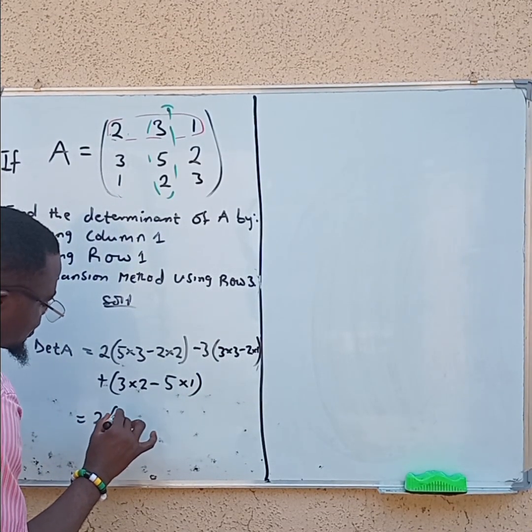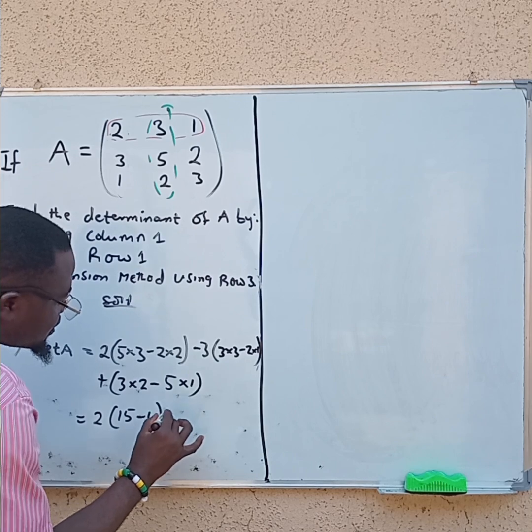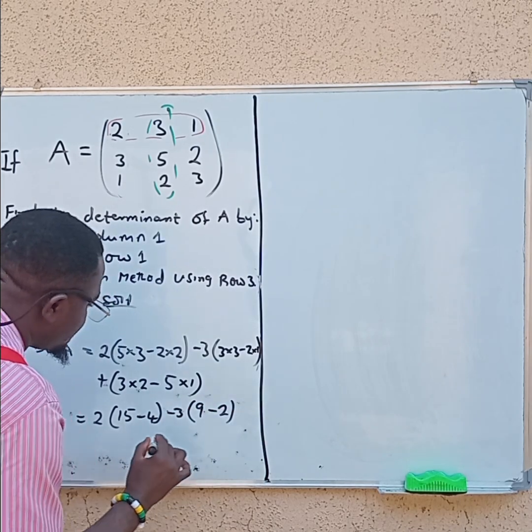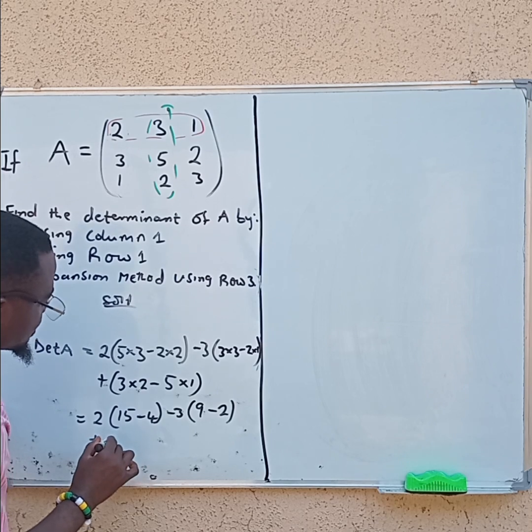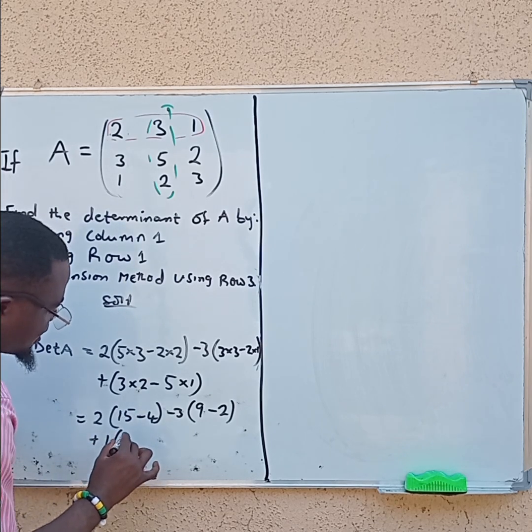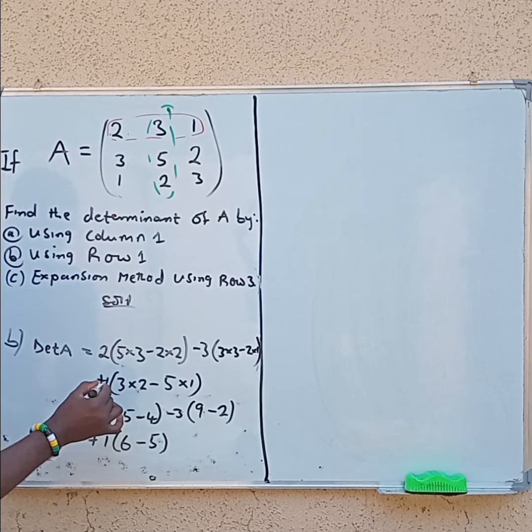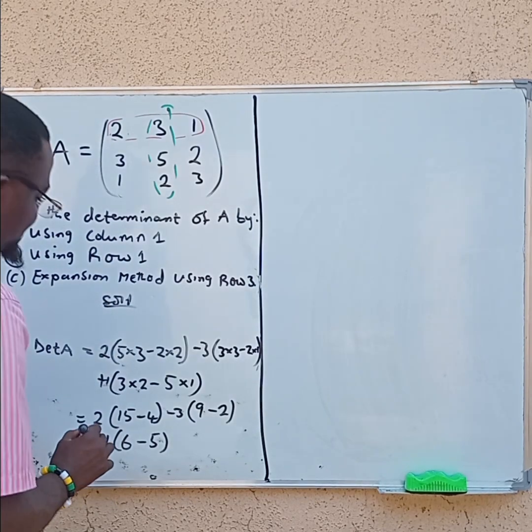2 times 15 minus 4, minus 3 times 9 minus 2, plus 1 times 6 minus 5. Plus 1 is just 1, the same thing.